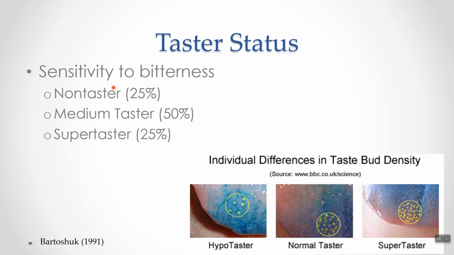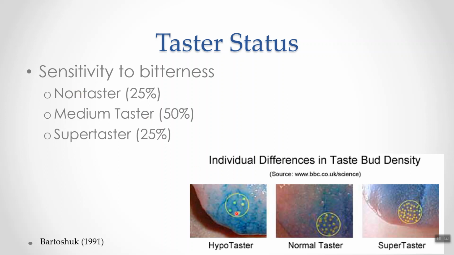There's a range of people who sense bitterness. Some people are known as super tasters who are really sensitive to bitter tastes. Some people are medium tasters who sense some bitterness, but not a lot. And some are non-tasters. They still sense bitterness, just not as extreme. They're also known as hypotasters because non-taster is kind of misleading.